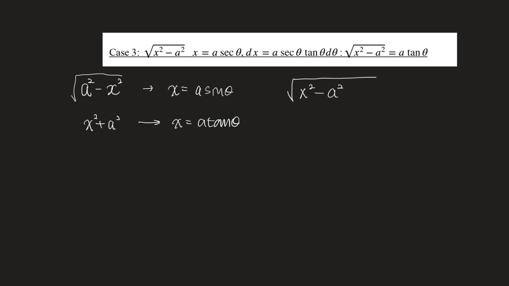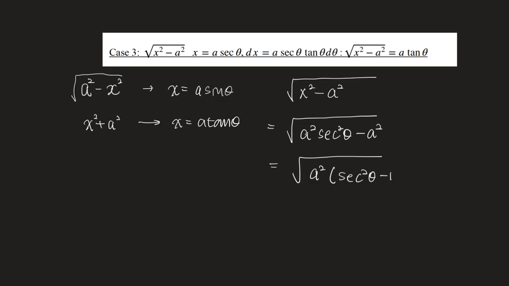How can we simplify? Square root of a squared secant squared theta minus a squared. The common factor is a squared times secant squared theta minus 1. In the previous slide we studied tangent squared theta plus 1 is secant squared theta.